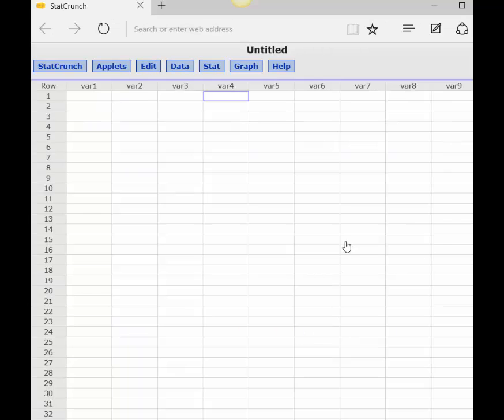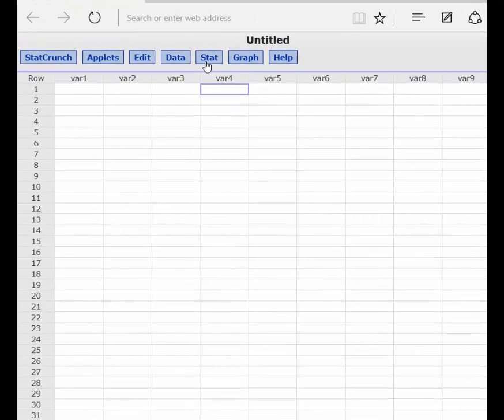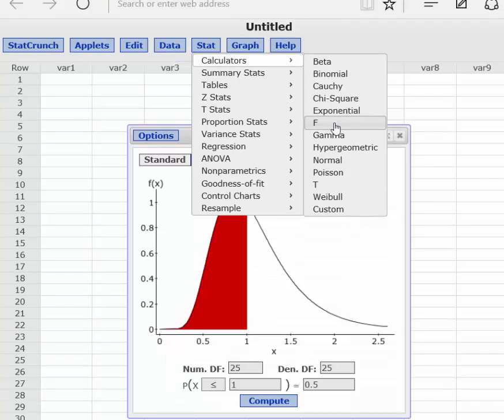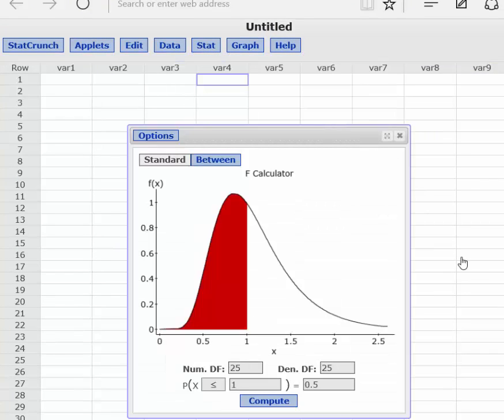The last calculator I want to show you is for the F test. We'll go to Stat, Calculators, F, and here we have the F distribution. Remember that the F distribution is not symmetrical, so we have to determine separately the area under the curve for a left tail test or a right tail test. In this test, we also need to know the numerator and the denominator degrees of freedom.